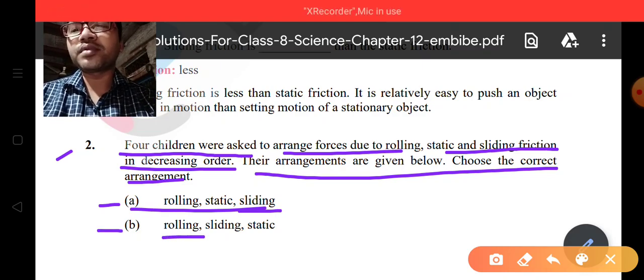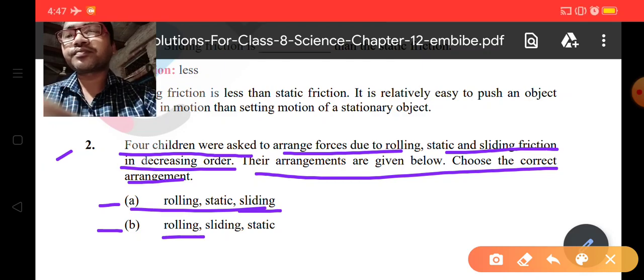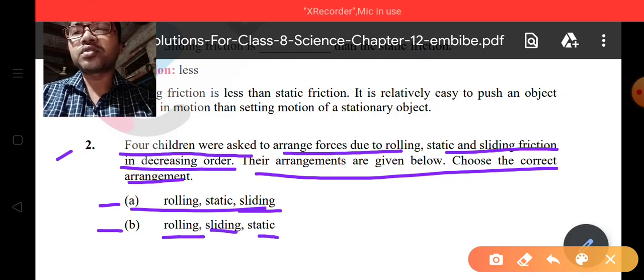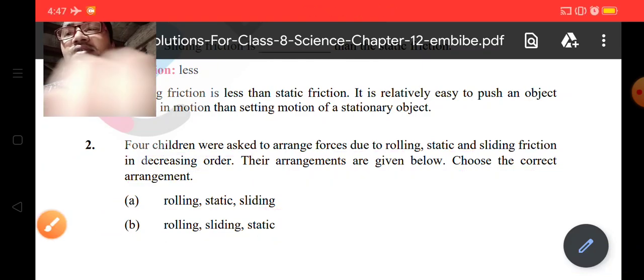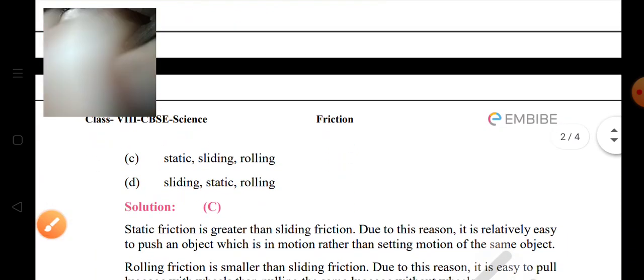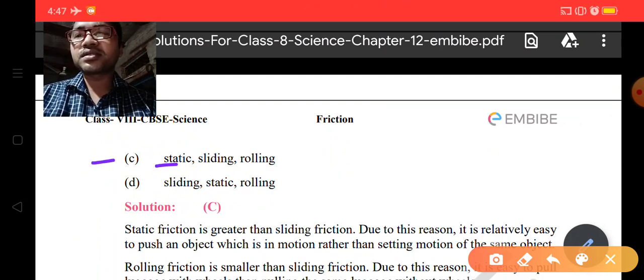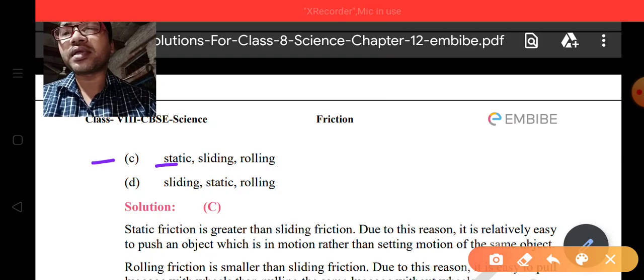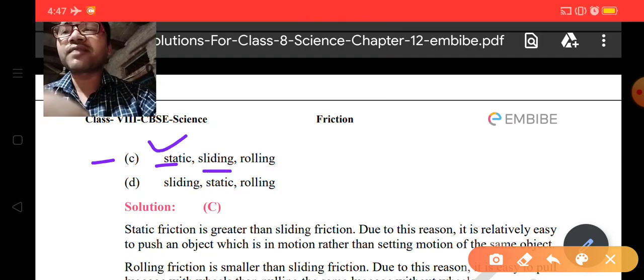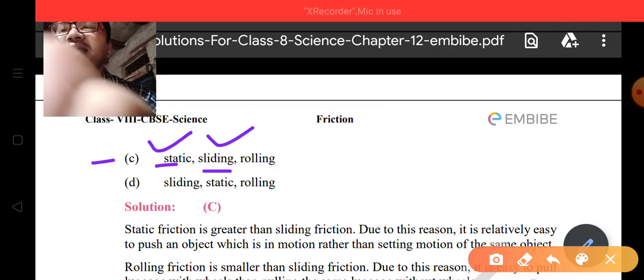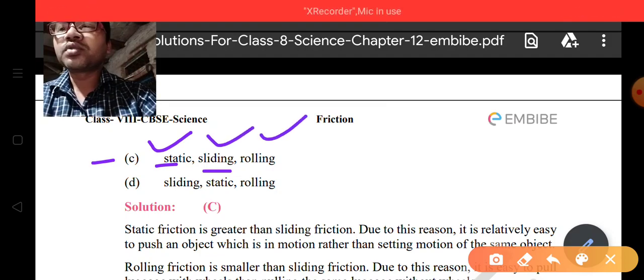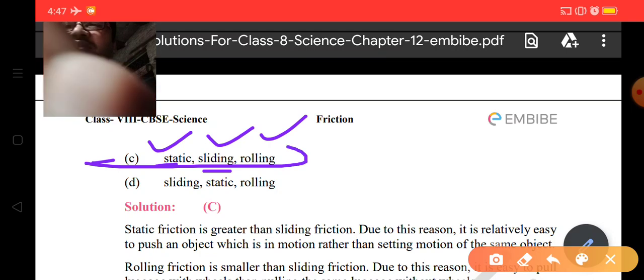It means this option is also not correct. In sliding and static, it is also not correct. Let's see the C. You can see here C, static, sliding, and rolling. Yes, this is correct. You can see here the static friction is maximum, then sliding, and the least is rolling. So this one is the correct option.